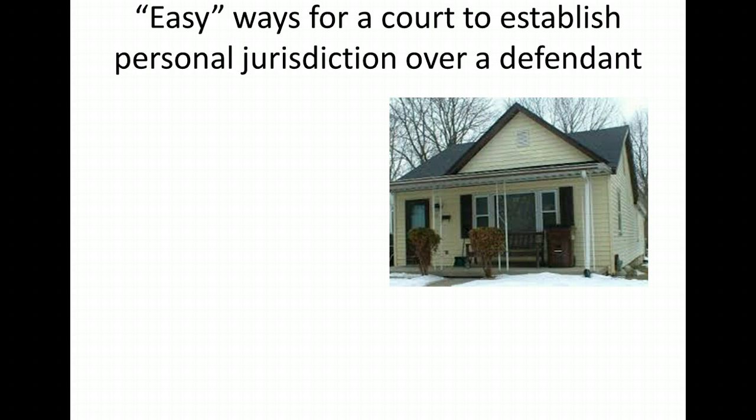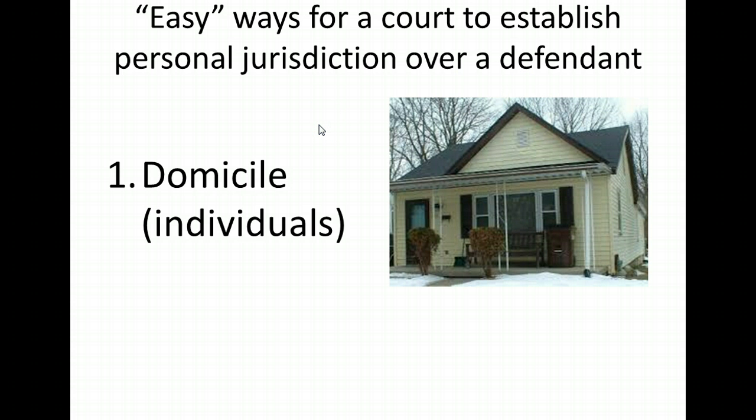So the first easy way for a court to establish personal jurisdiction over a defendant is, of course, for individual people, their state of domicile. So whatever state a natural person is domiciled in, that state can exercise personal jurisdiction over them for any cause of action.